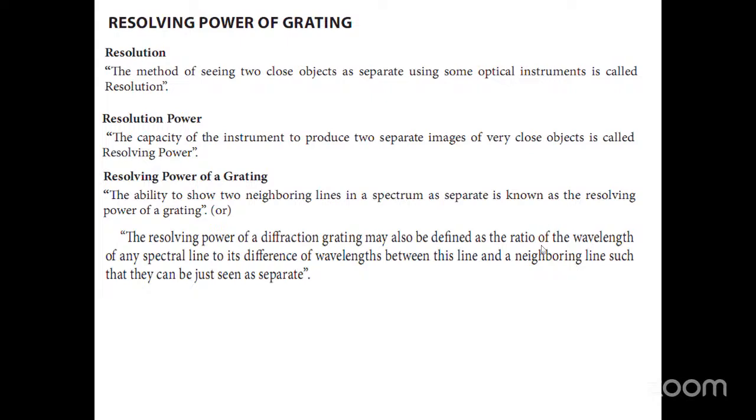So what is the formula? Lambda by d lambda, where lambda is the wavelength of the given source and d lambda is the difference between the two lines.